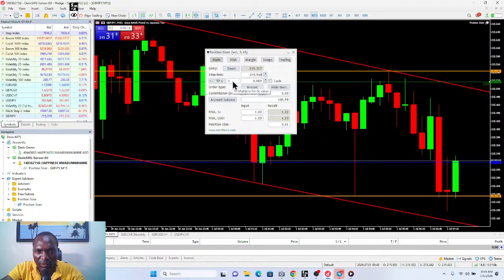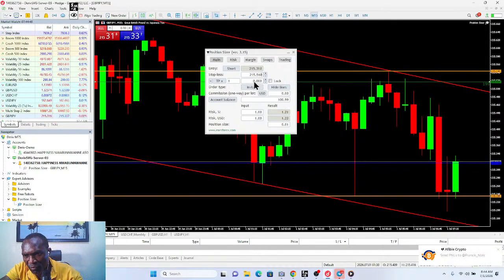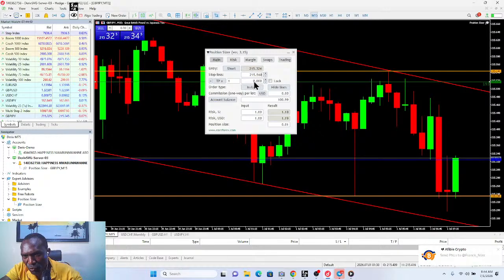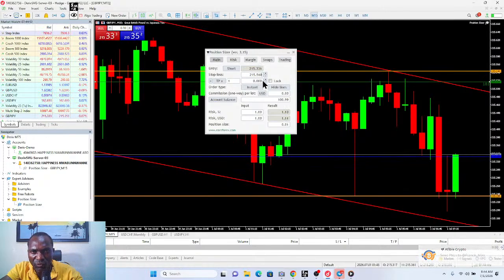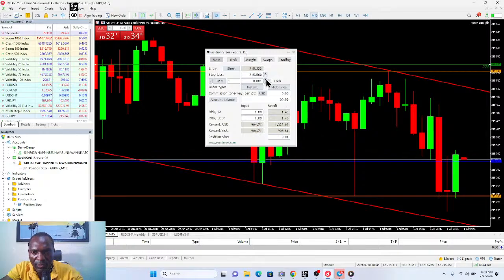Now what are we risking by trade? TP. I want to take 215.200. I see it's going up.